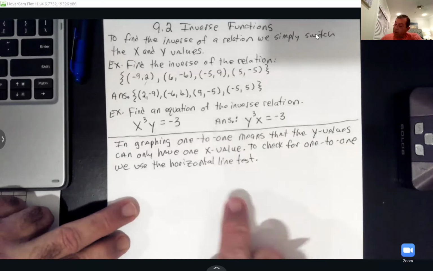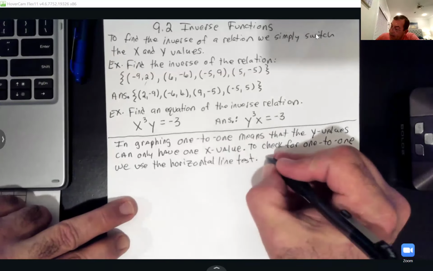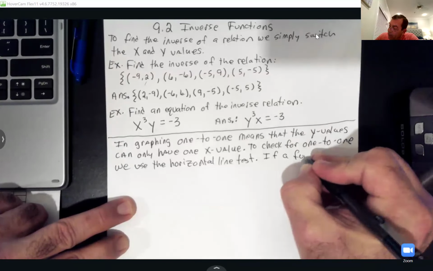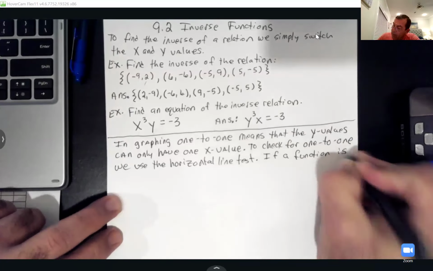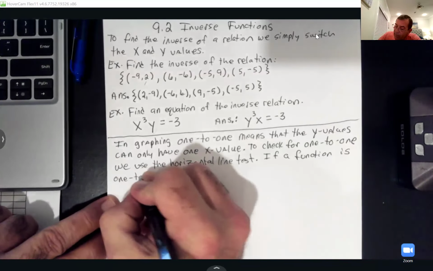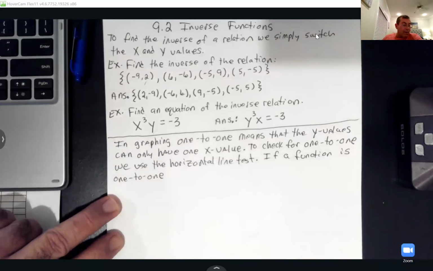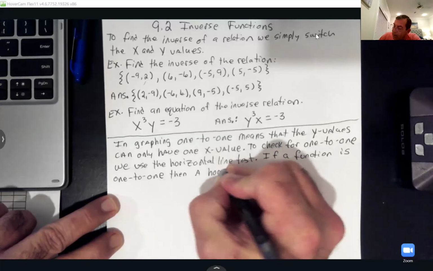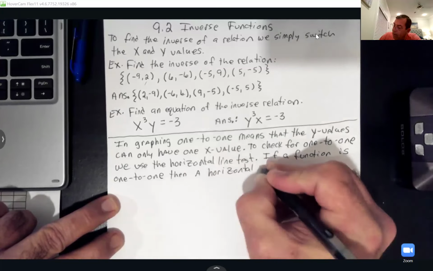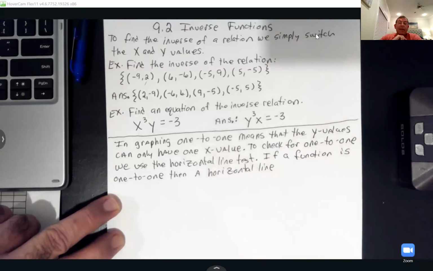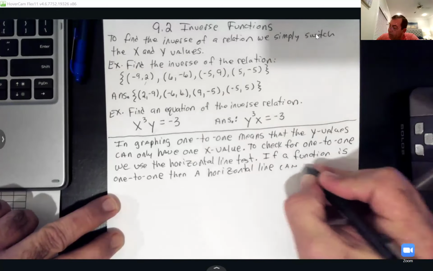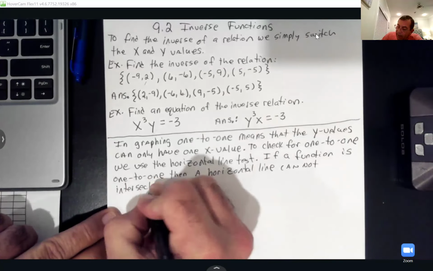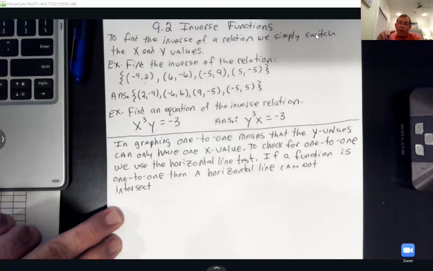Okay, now this horizontal line test says if a function is one-to-one, then a horizontal line cannot intersect the graph more than one time.